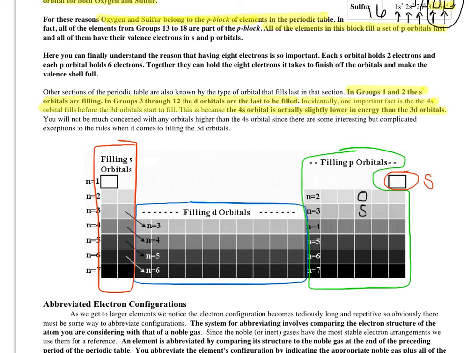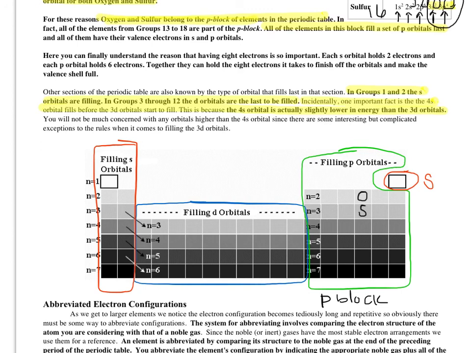Oxygen and sulfur are both in a section of the periodic table that we call the P block. So I want you to label this. See how I've circled it in green? So all that's in green is the P block.